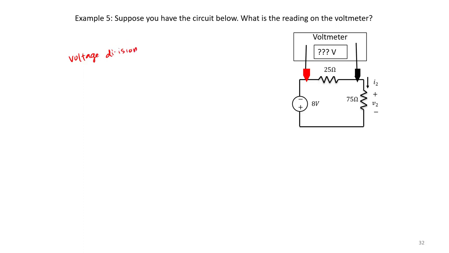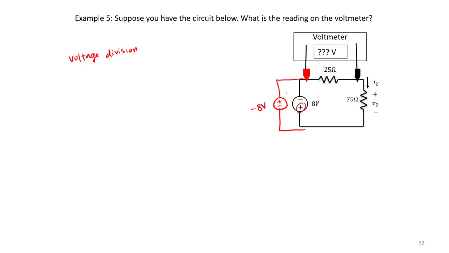And remember, for me personally, I prefer to have my sources right side up, so I'm just going to replace my 8-volt source with a negative 8-volt voltage source with the positive terminal face up.